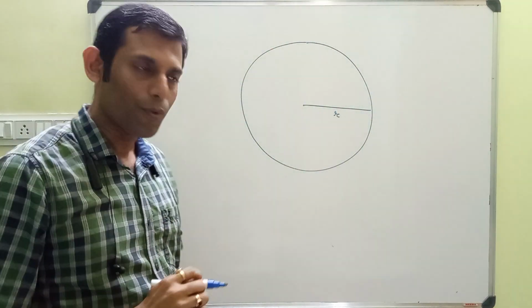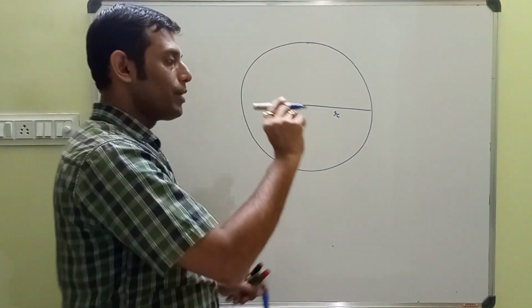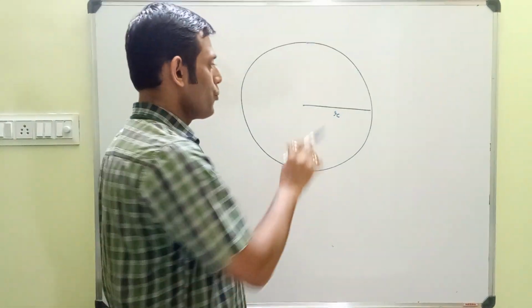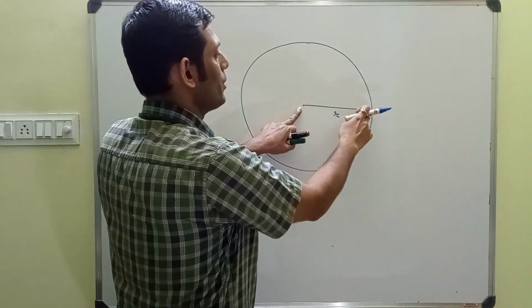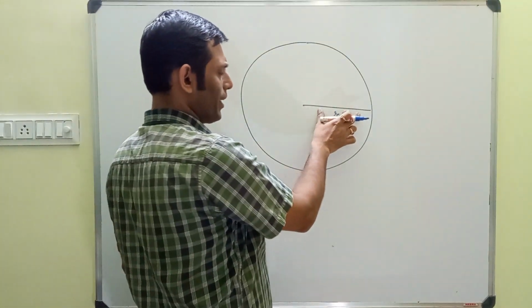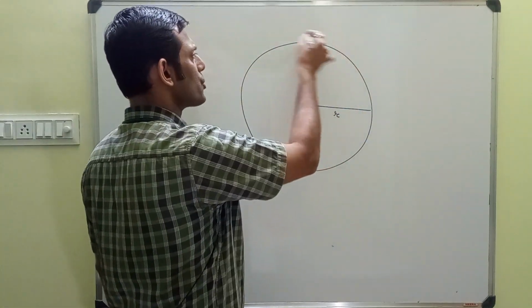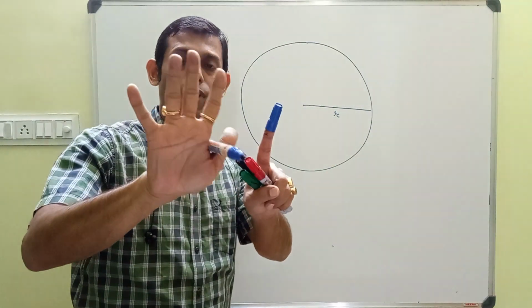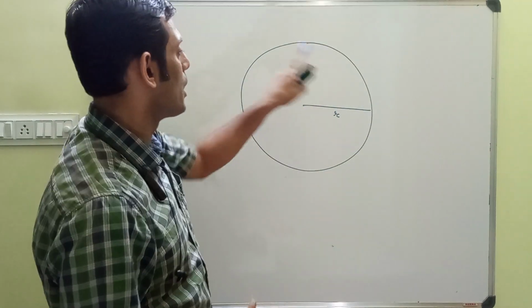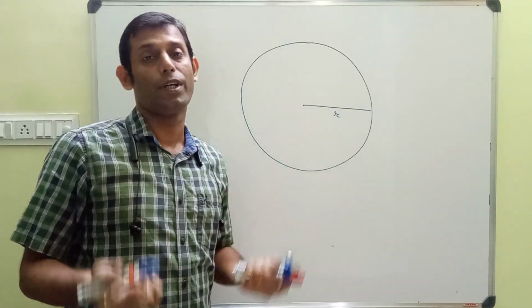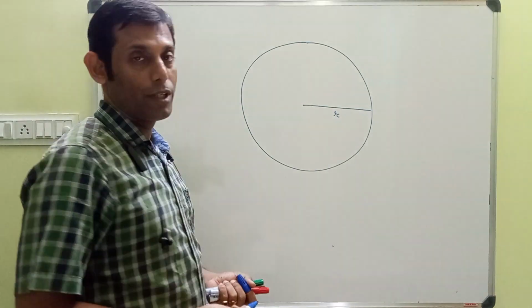What he said: you take a thread of length r, or let's say L, you fix it at one end and make the other end move, you get a circle. Then you take this thread length and move it around this circle, and it moves six times around. That means the circumference is six times the radius, according to Aryabhat.